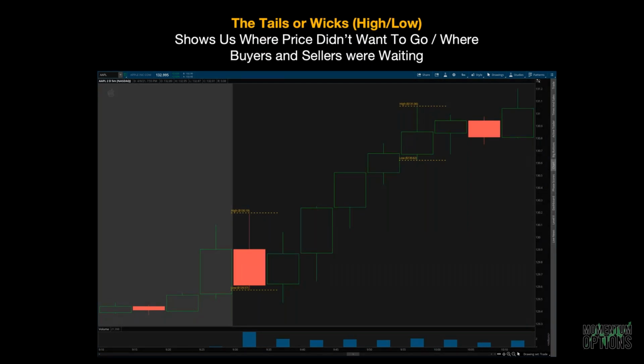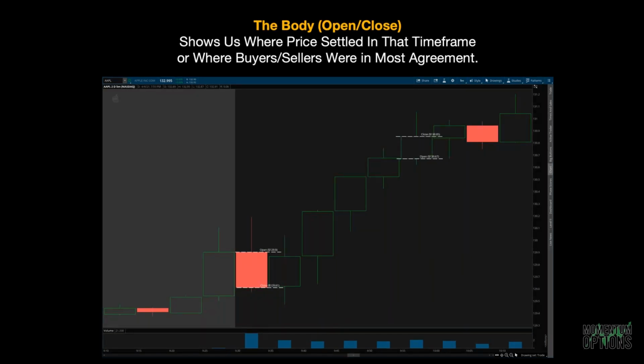On the buy candle, we can see that price went as high as 131.06 and as low as 130.62. But really, price opened at 130.67 and closed about halfway to the top at 130.85. So buyers and sellers were most in agreement in that price range.